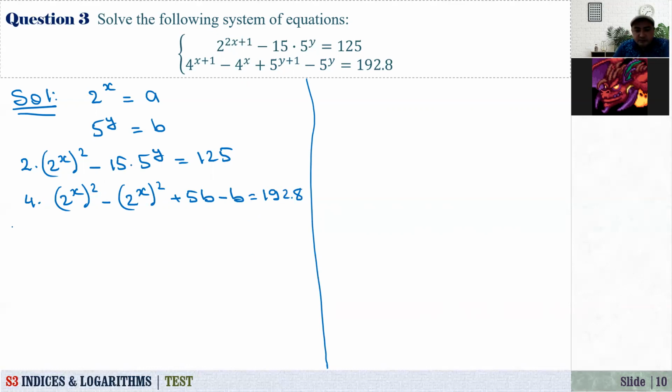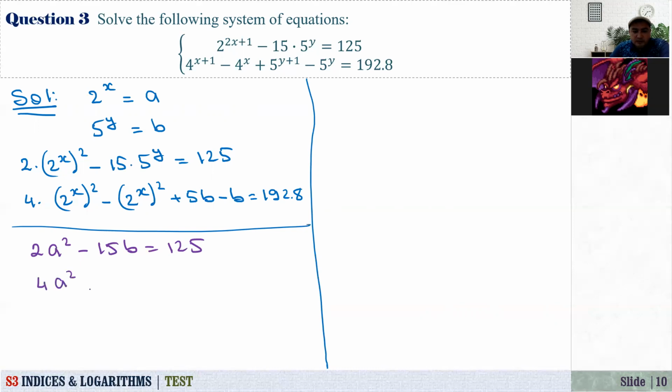So now if I substitute those values into this equation, what do we have here? So here we have 2a squared minus 15b is equal to 125. How about the second one? Second one is 4a squared minus a squared plus 5b minus b, that's equal to 4b.